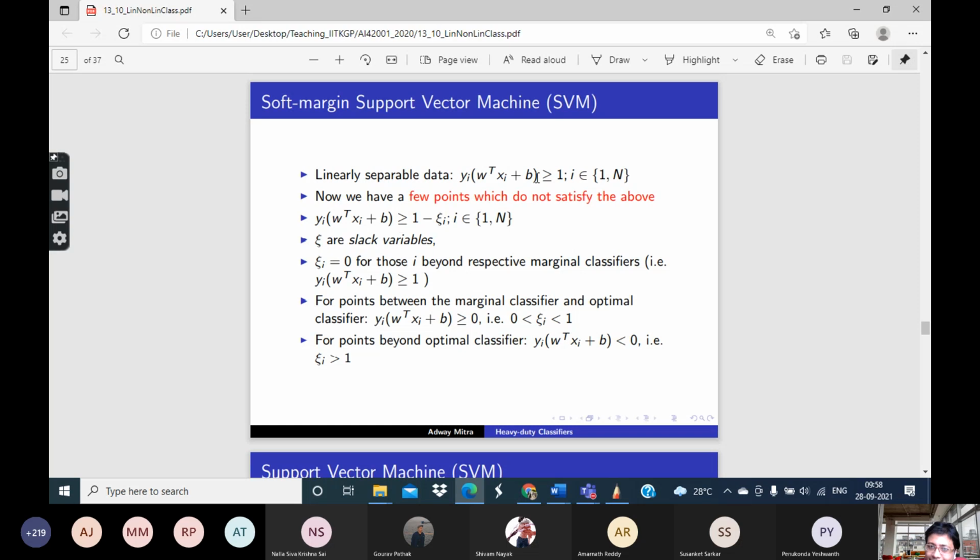Now, again to remind you, I do not know which points are the outliers. So what I do is I make these inequalities a bit more flexible. I say that for all the data points, it need not be that it has to be greater than or equal to 1. It's enough if it is greater than or equal to 1 minus xi_i.